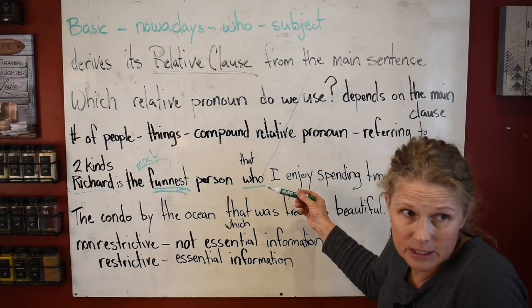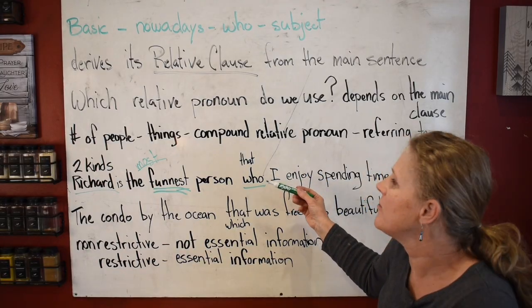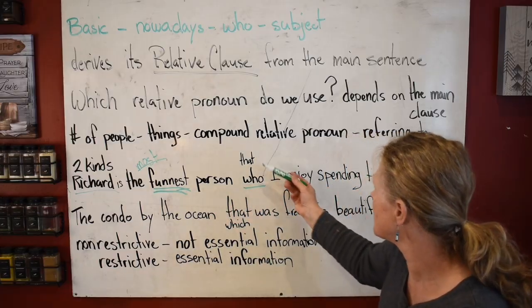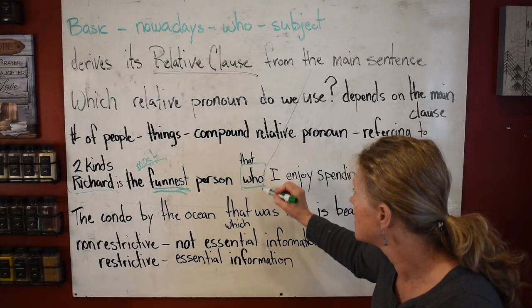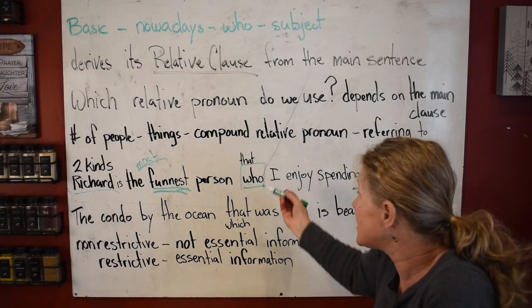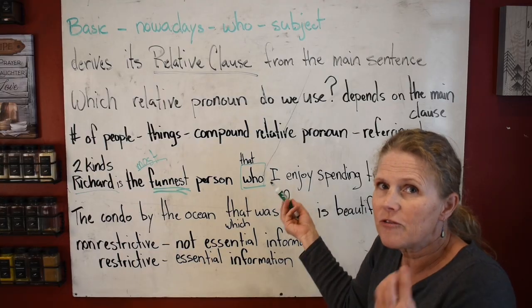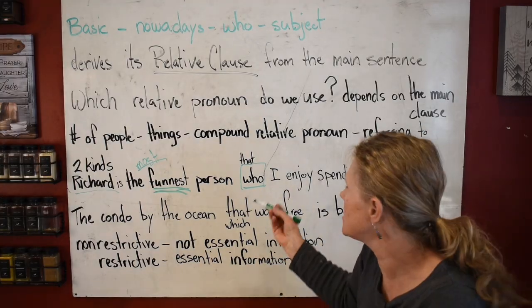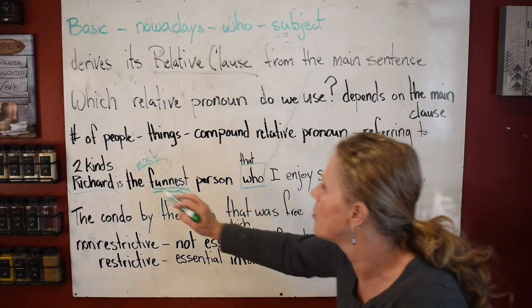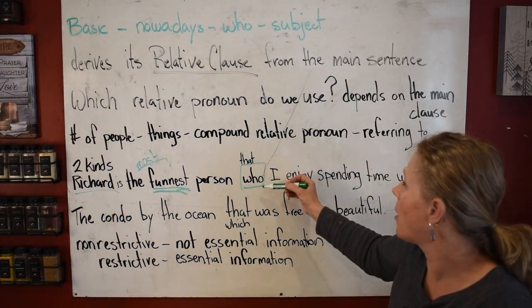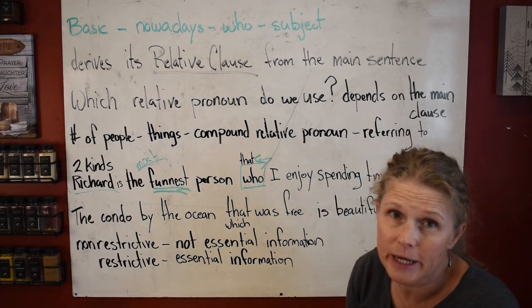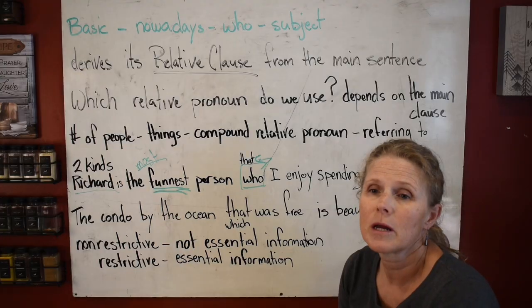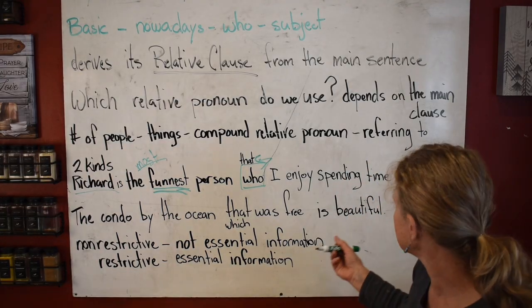I think who sounds the best in here. But if you say Richard is the funnest person that I enjoy spending time with, some people will say that is okay to do. It sounds good, but if you really want to be true, use the word who on people. But we are kind of moving in that direction a little bit, being a little more casual in how we do things.